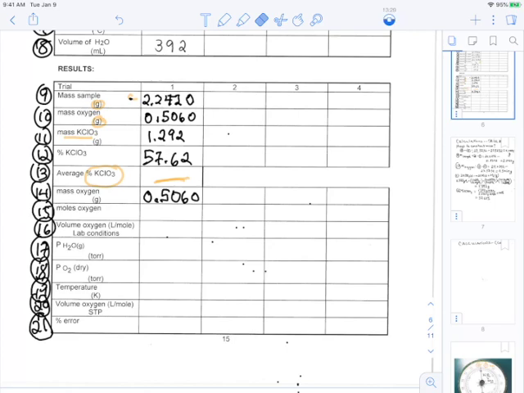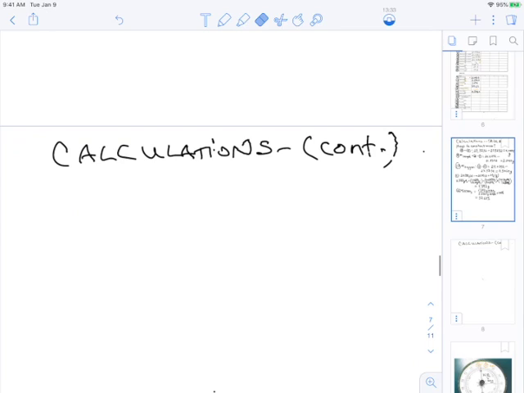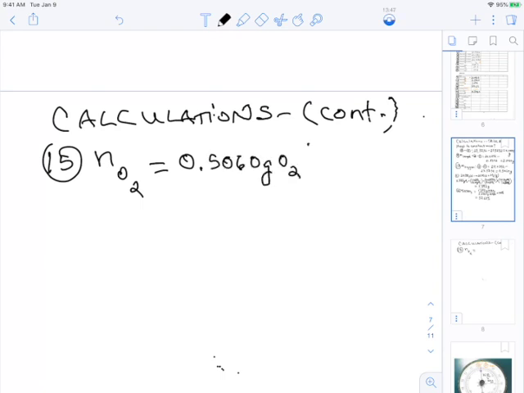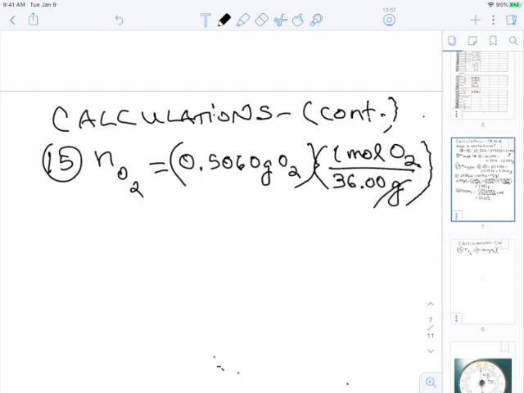And what I want to find out now is the number of moles of oxygen. So I'm going to jump back down here to my calculations. Item number 15 is going to be the number of moles of oxygen. So we have essentially 0.5060 grams of O2, and we already saw that 1 mole of O2 will be 32.00 grams.